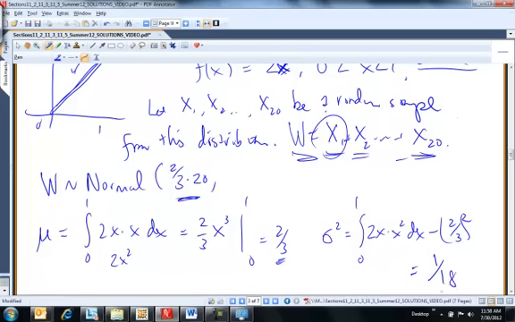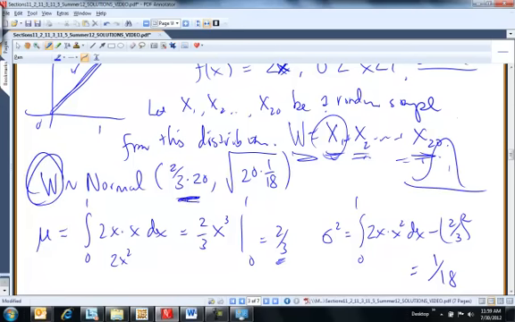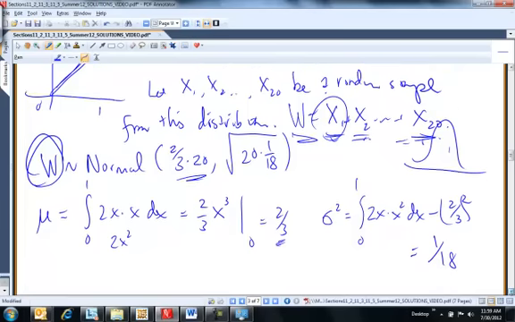I can add variances. So 1/18, 1/18, 1/18, so 20 times 1/18. And I want the standard deviation, so I take the square root. So I know W is going to have a bell-shaped curve with this mean and this standard deviation. So what's the question now?